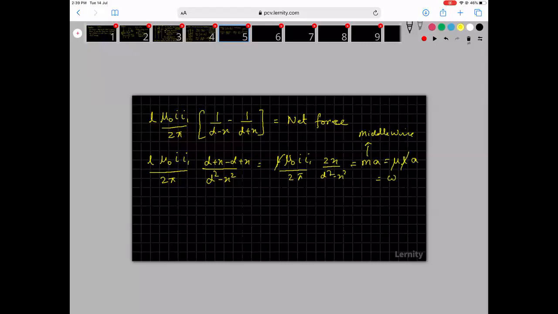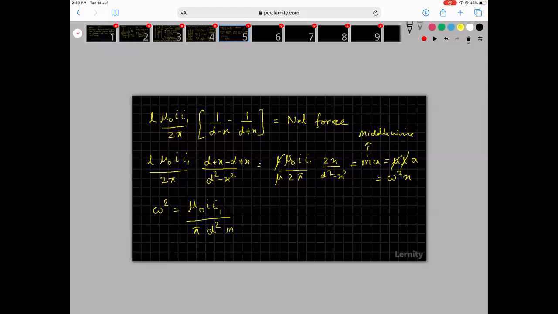So that is equal to omega squared X. So I'll get omega square equals mu naught I1 by pi D squared into mass per unit length. I'll just put it as small m.